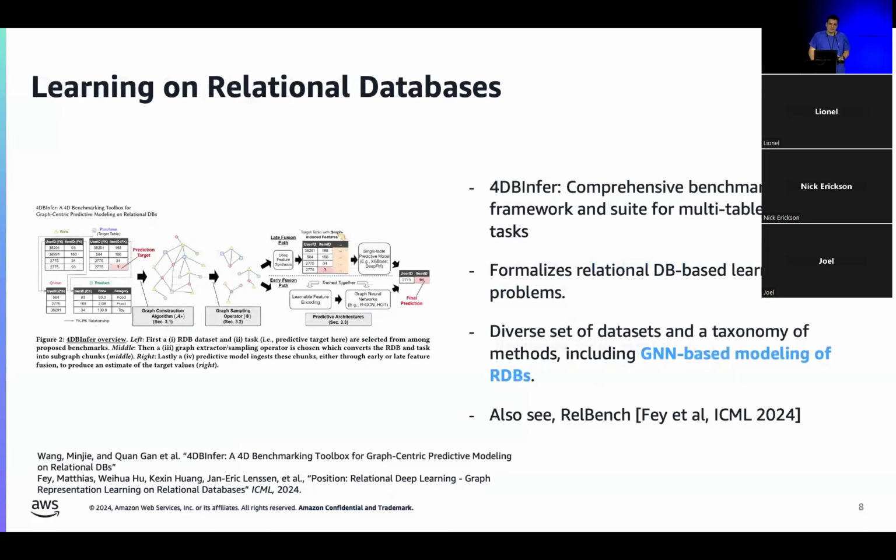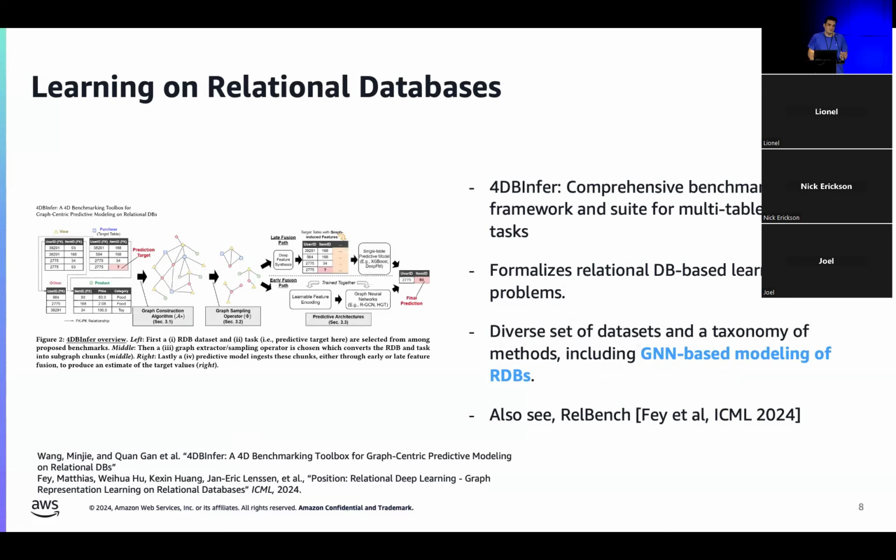I would like to mention some work by colleagues at AWS about not only defining the problem, but also coming up with some benchmark data sets and benchmark evaluation metrics for learning on relational databases, because we were also chatting just now, and we saw it in the SAP presentation.